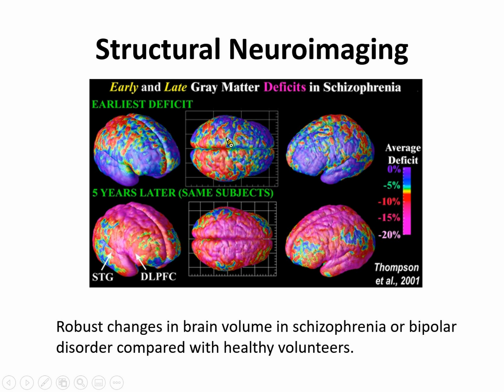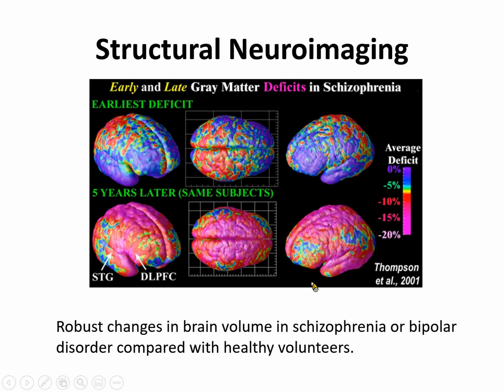This is a comparison between the onset of illness and the patient 5 years later. So it means that the patient really has brain volume reductions under the influence of the disease, although these reductions are not really visible to the human eye, but they can be quantified by brain imaging analysis. So this is a very robust change in brain volume in schizophrenia, or even in bipolar disorders.